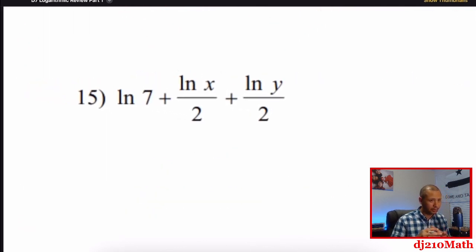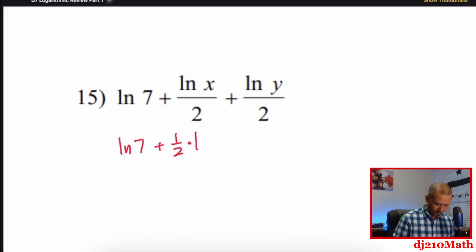This is the natural log of something, x, and we're cutting it in half. We're multiplying it by 1/2. So this has a coefficient of 1/2. That's what this means.